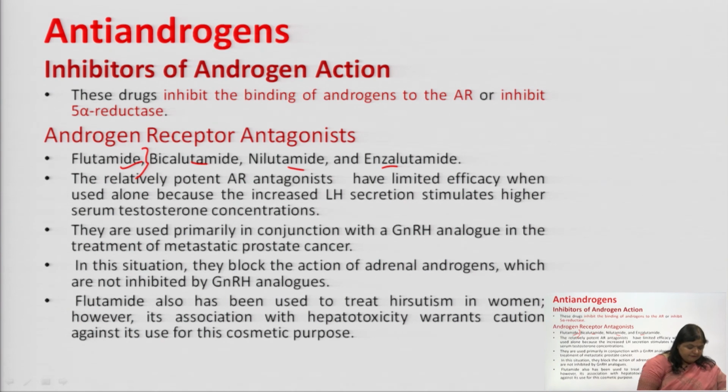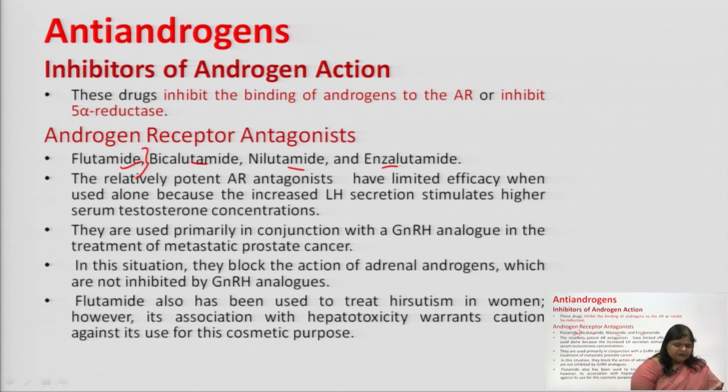They have limited efficacy when used alone because the increased luteinizing hormone secretion stimulates a higher serum testosterone concentration. So, they are generally used in conjunction with the gonadotropin releasing hormone analog in the treatment of prostate cancer.